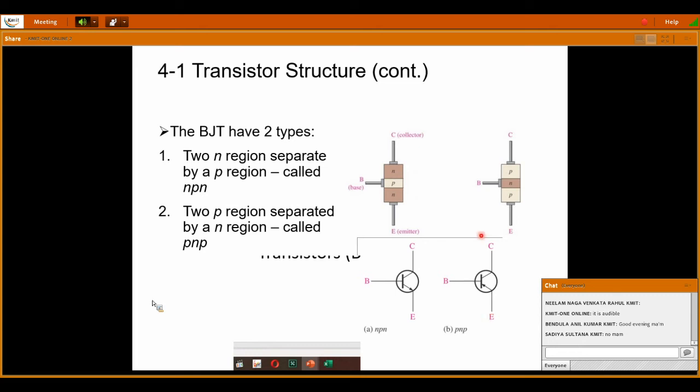We have to differentiate NPN and PNP transistors using these two symbols. Always remember, the horizontal line in the symbol is the base terminal, and you have two inclined lines for the collector and emitter. The inclined line with an arrow identifies the emitter terminal, and that arrow indicates the conventional current direction.